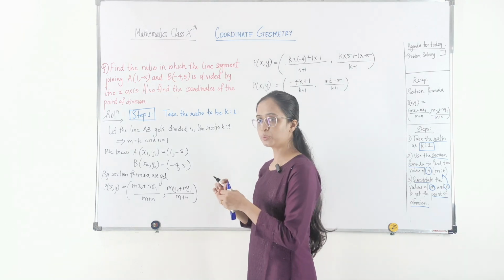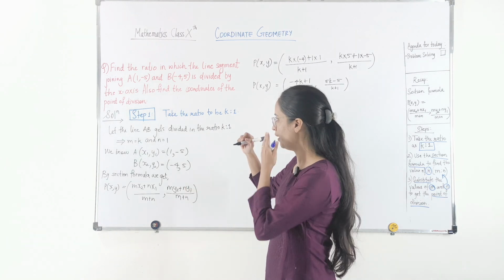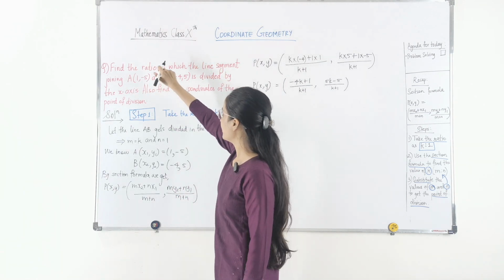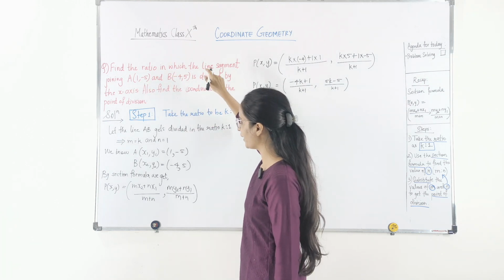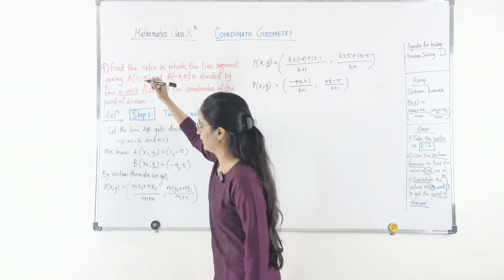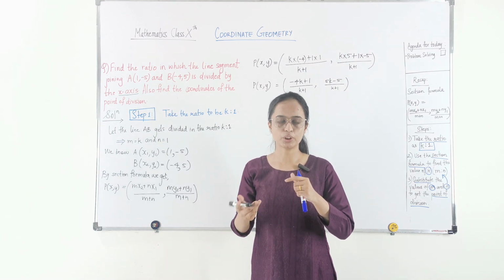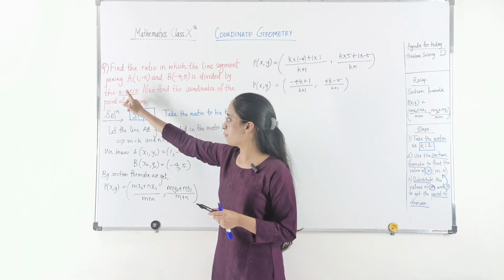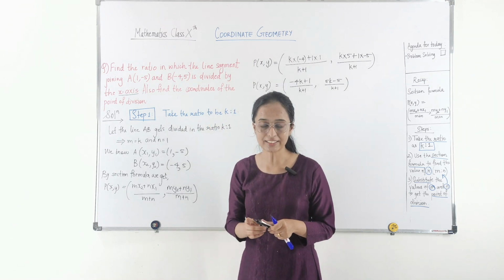So if you try to see the different information that has been given in this problem, the question says: find the ratio in which the line segment joining AB is divided by the x-axis. This time the question is to find the ratio, but they have given you that the line is divided by the x-axis.